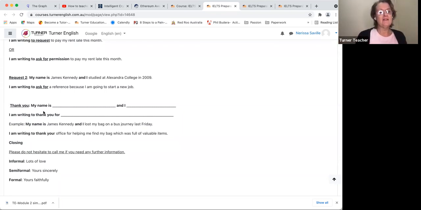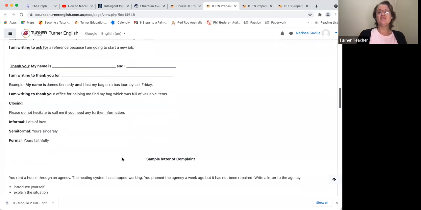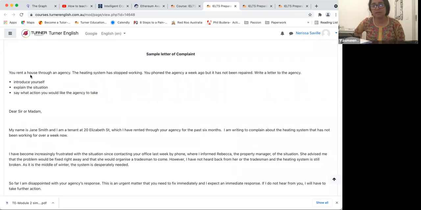This is the template they've given you for a thank you format as well, so you've got a few formats that you can try. Then they go into the closing: the informal, the semi-formal and the formal. Here's a sample letter of complaint, and that's what we're focusing on today. You rent a house through an agency.